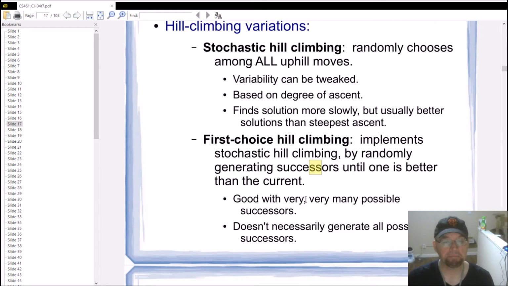And you just keep doing that until you find the first one that's better than the current state, okay? Now, that randomness gives you some of those benefits of finding better solutions, but since there's randomness there, and you just take the first improvement, the first better node that comes along, you might not look at all of your successors. Okay.